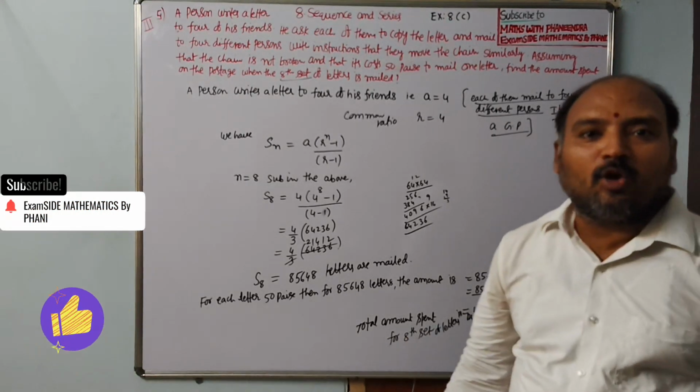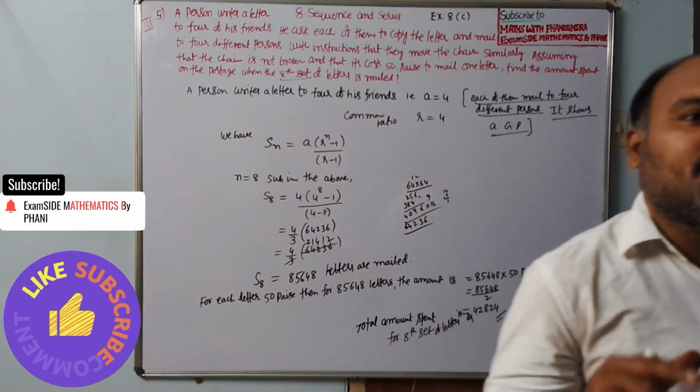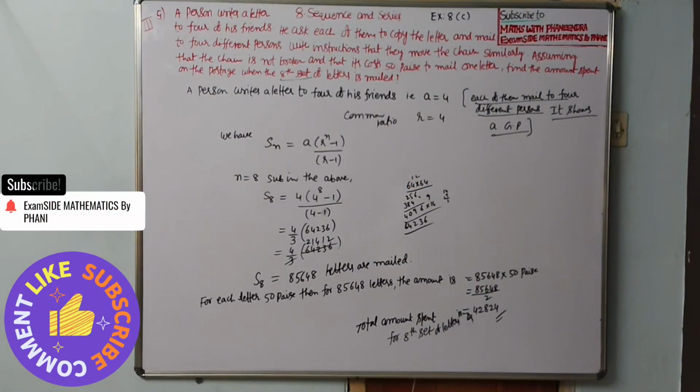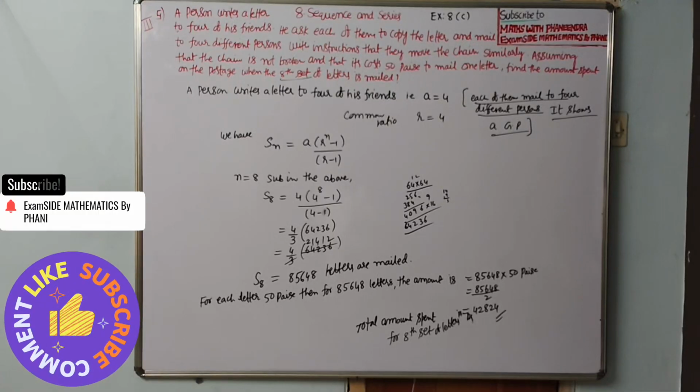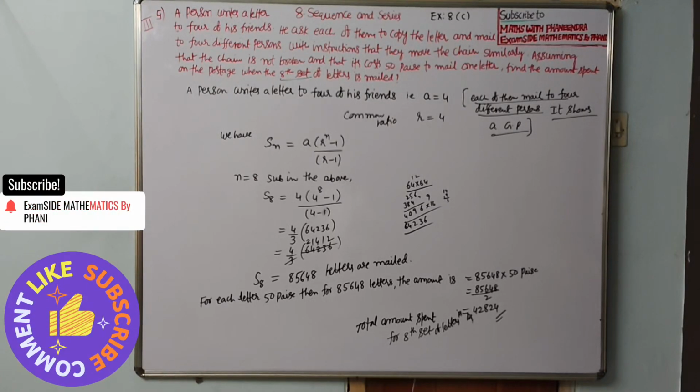Dear students, I hope you understand. Thank you. See, first we need to understand the question and then apply steps, whether it is related to GP or AP. Okay. Thank you.